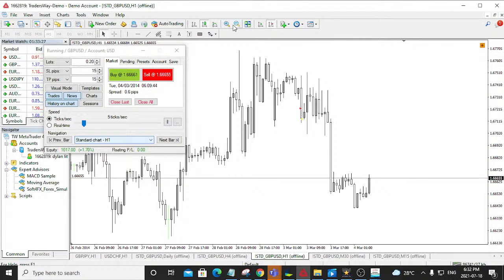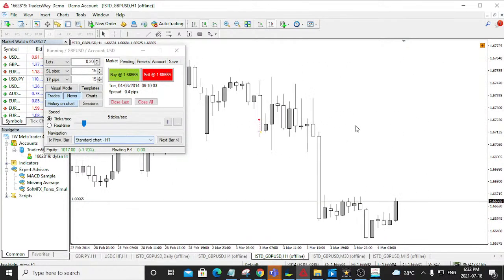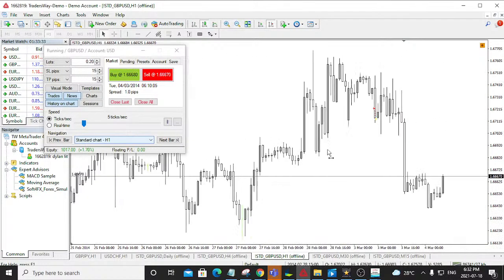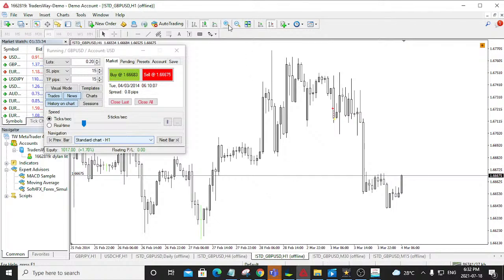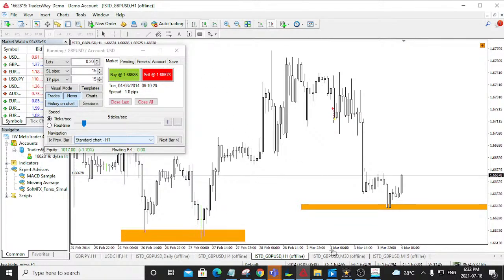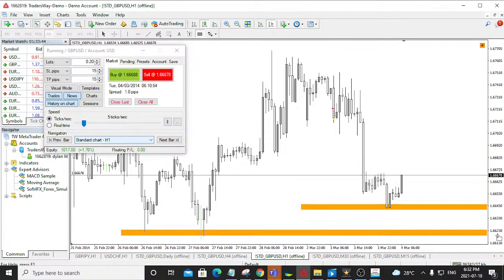So if we zoom in, so this is the 1 hour. 1 hour should be quite simple, self-explanatory. Looking to get to the bottom of these wicks here.